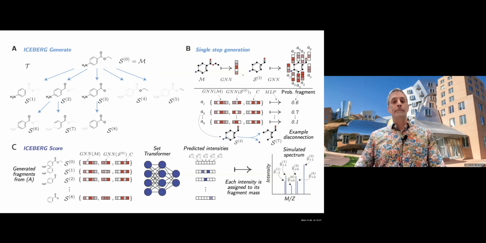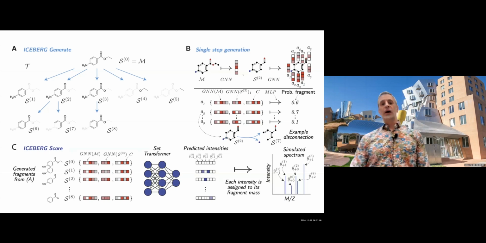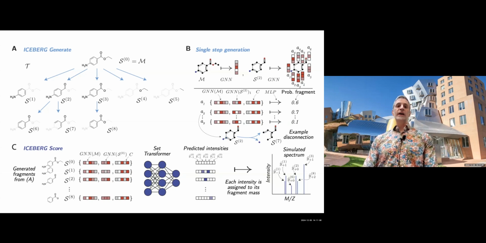So essentially, what happens is we start with a parent molecule, and then there's a neural net that decides how to generate fragments of that molecule, and you can see that in figure A from the paper here. What are the different ions that are coming out of this parent molecule?